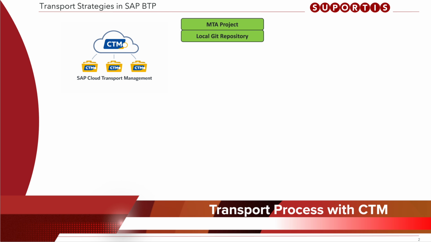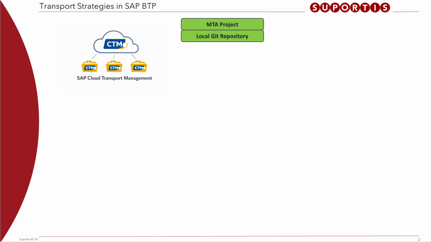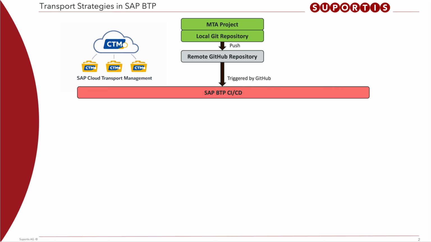Transport with CTM. On the left side, we use Cloud Transport Management. We start with an MTA project and a local Git repository. We push our changes to the remote Git repository. This triggers SAP BTP CI/CD, and CI/CD automatically deploys the changes to the dev system.